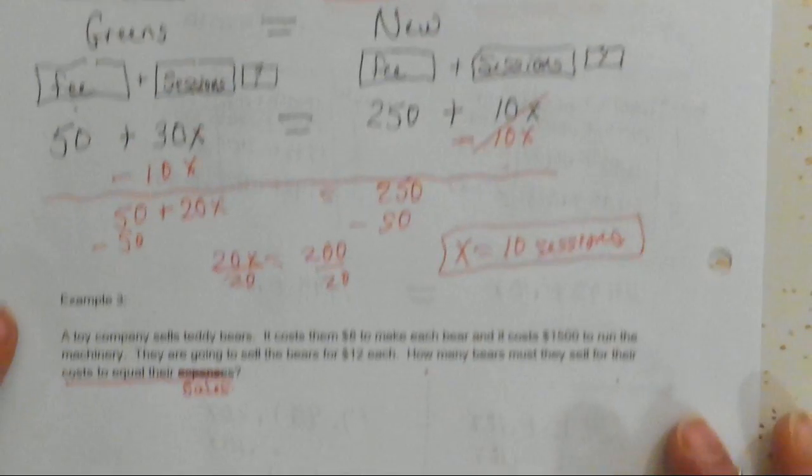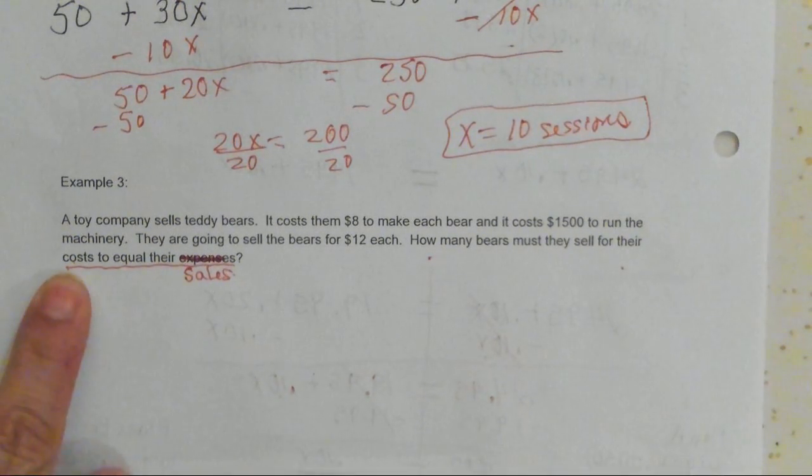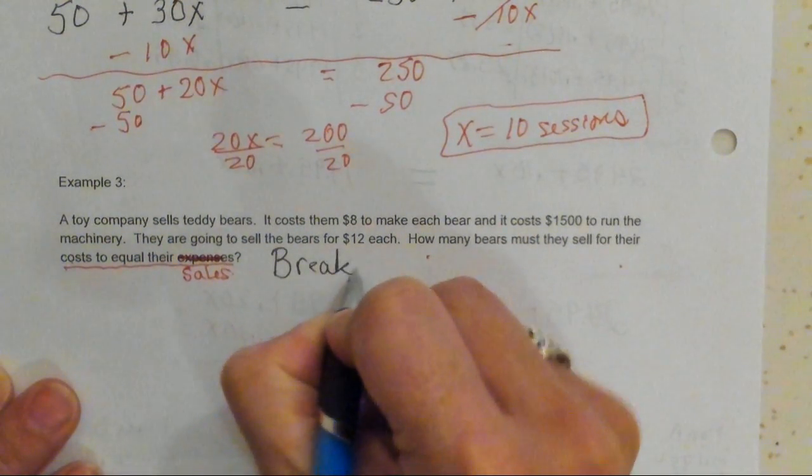Then another situation where we need to compare is in the business world. And in the business world, we have two main factors. We have the money we pay out and the money that we are taking in. So, in other words, we have costs and sales. And in business, there's something called a break-even point.